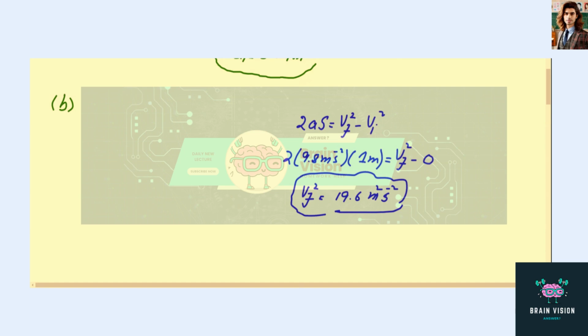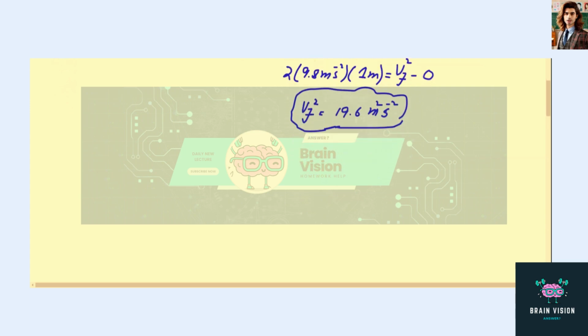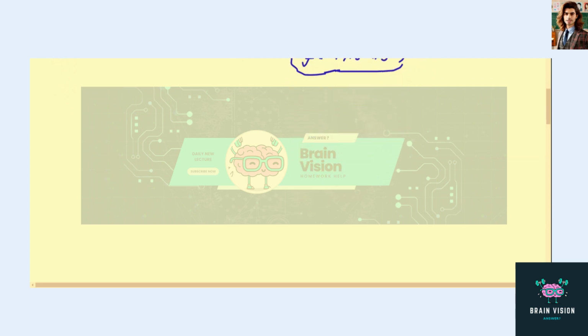Now we can put different values again in the work energy theorem. Again we will take the initial position of the basket as y equal to 0.